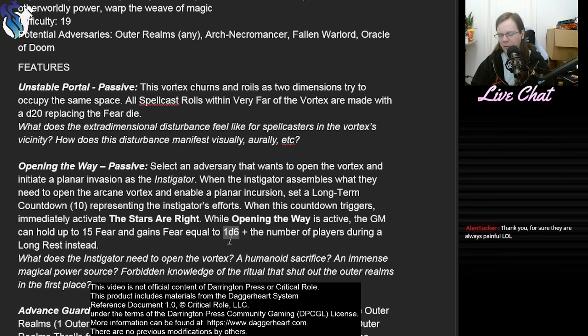Right, the average on a 1d4 is 2.5. The average on a d6 is 3.5. You can't gain half fear, but we're talking about averages. So this is a little bit of an increase, right? If we jumped up to 2d4 plus the number of players, that would be an increase of about 2.5, right? Or an increase of 2 to 3 fear every long rest.